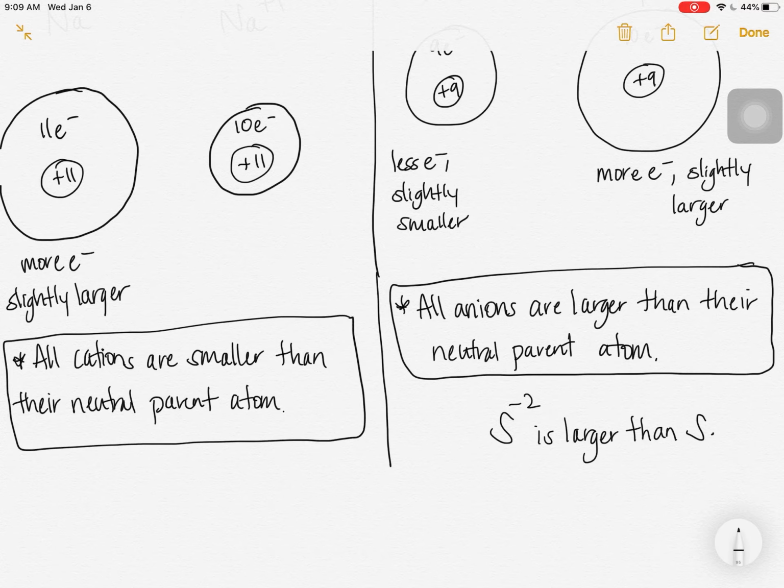Again, an example could be lithium +1 is smaller than regular lithium. Okay, so that's how the sizes of ions compare to each other and their neutral atoms.